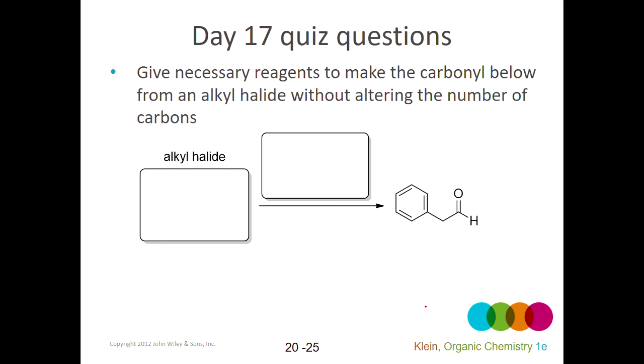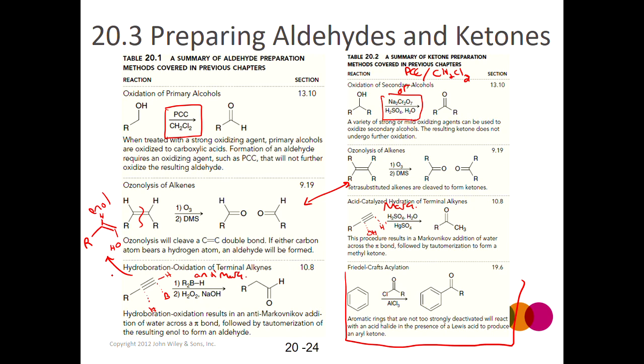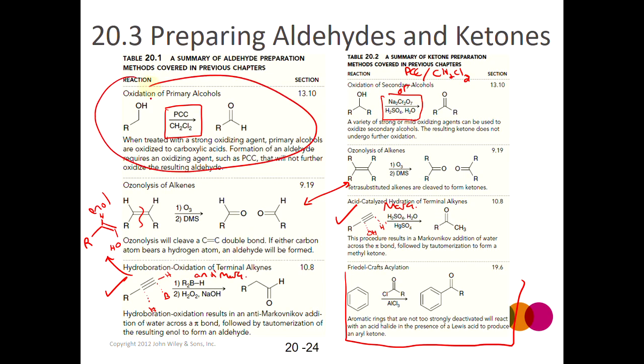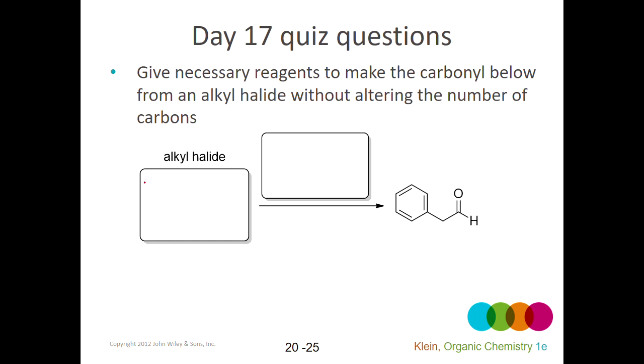And so the next two quiz questions were really an application specifically of this reaction and this reaction. So if I ask you to start with, oh, actually, no, that's not true. This one is not. This one requires you to use the PCC. Right, so here, specifically, if I tell you to start with an alkyl halide, and I don't want to alter the number of carbons, I would obviously start with the ring there, and 2 carbons are connected, and then I would put my alkyl halide there.